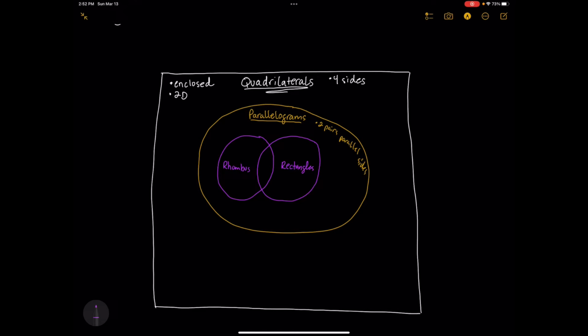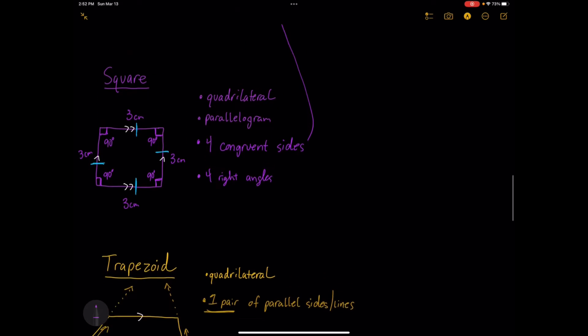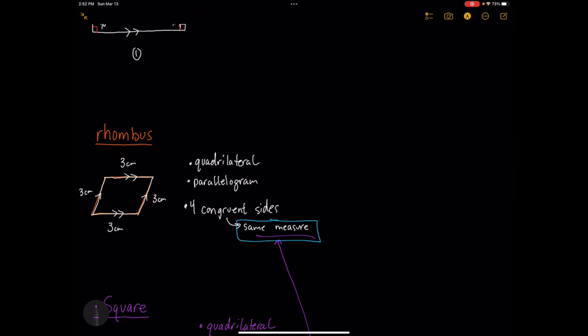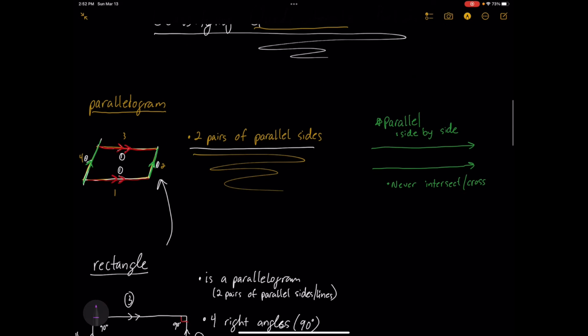They're inside the parallelogram circle, okay? But they have some unique characteristics to themselves. Remember, a rhombus right here has four congruent sides. It's a parallelogram, but all four sides are the exact same measure, right? 1, 2, 3, 4, they're the exact same measure. While a general parallelogram up here doesn't have to have sides of the exact same measure. They can be different measures.